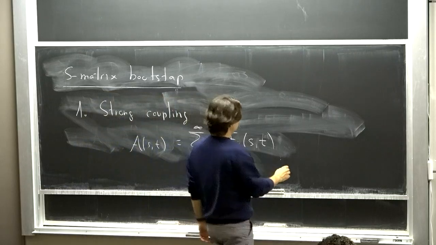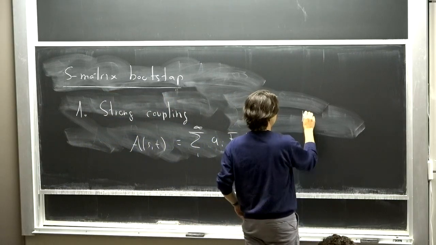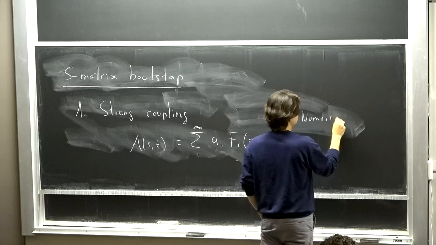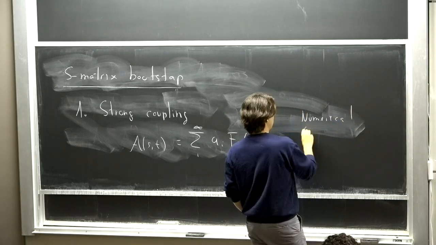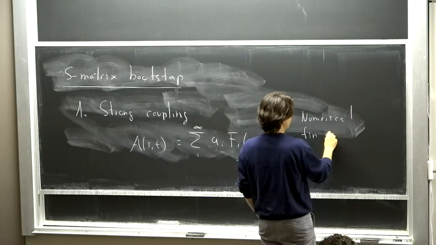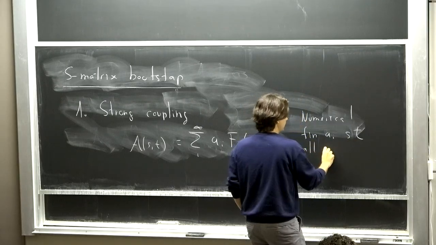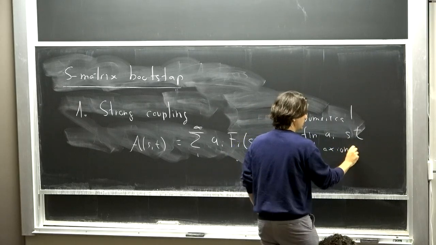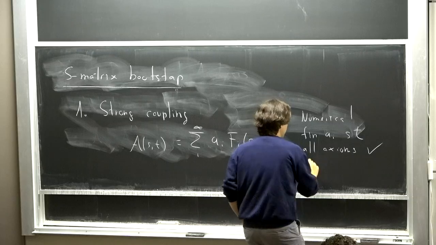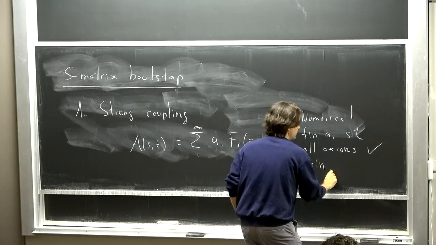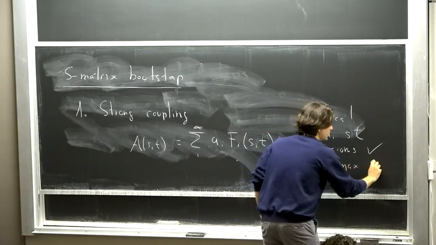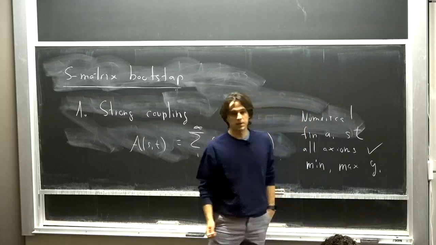Okay, so this is some numerical approach. So find a_i such that all axioms are satisfied, and then minimize or maximize one of these couplings at low energies.